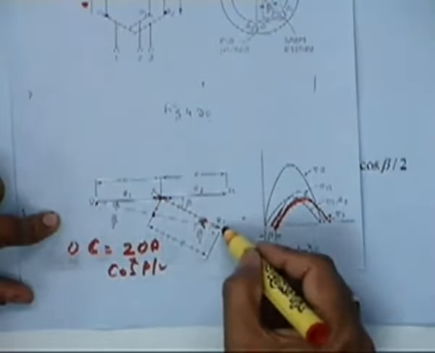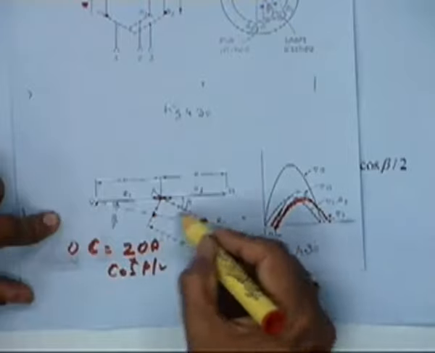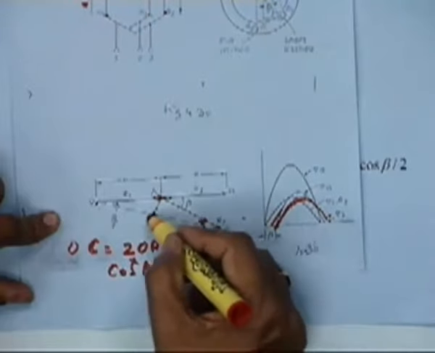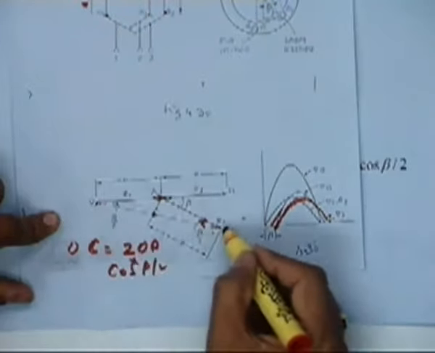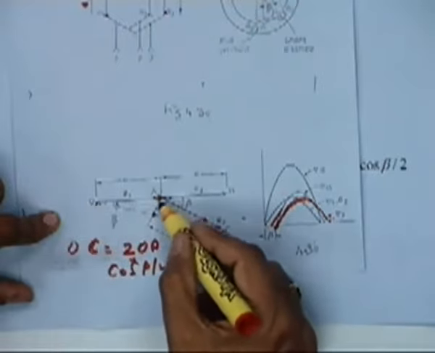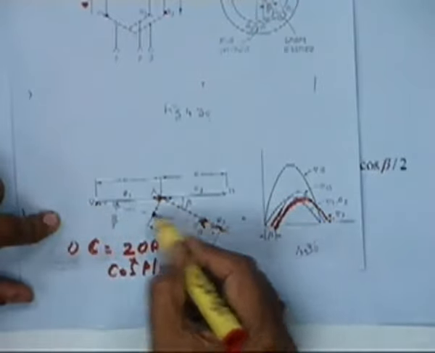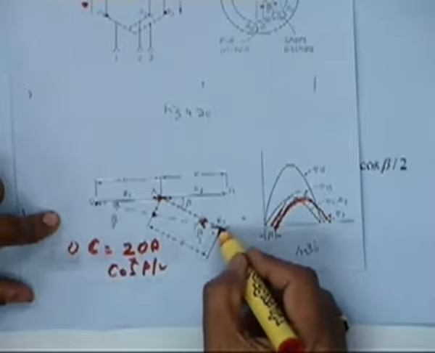So this is E, and this half of this is E cos beta by 2, and total is 2E cos beta by 2.